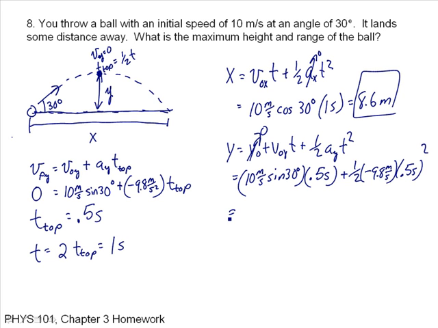If I put this in, I get 2.5 plus a negative 1.2. 2.5 minus 1.2 is 1.3 meters. That's the answer.